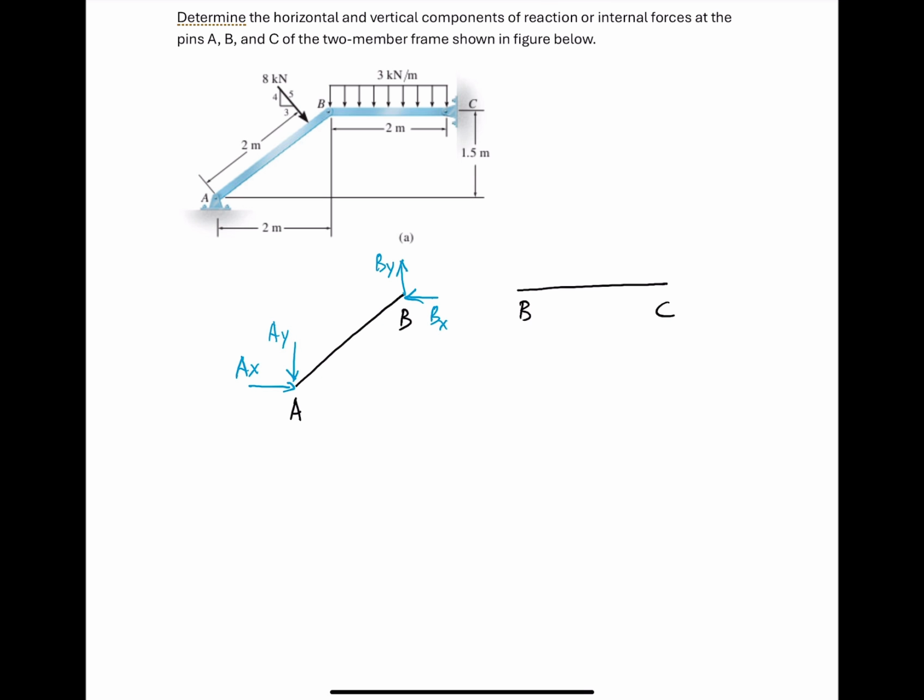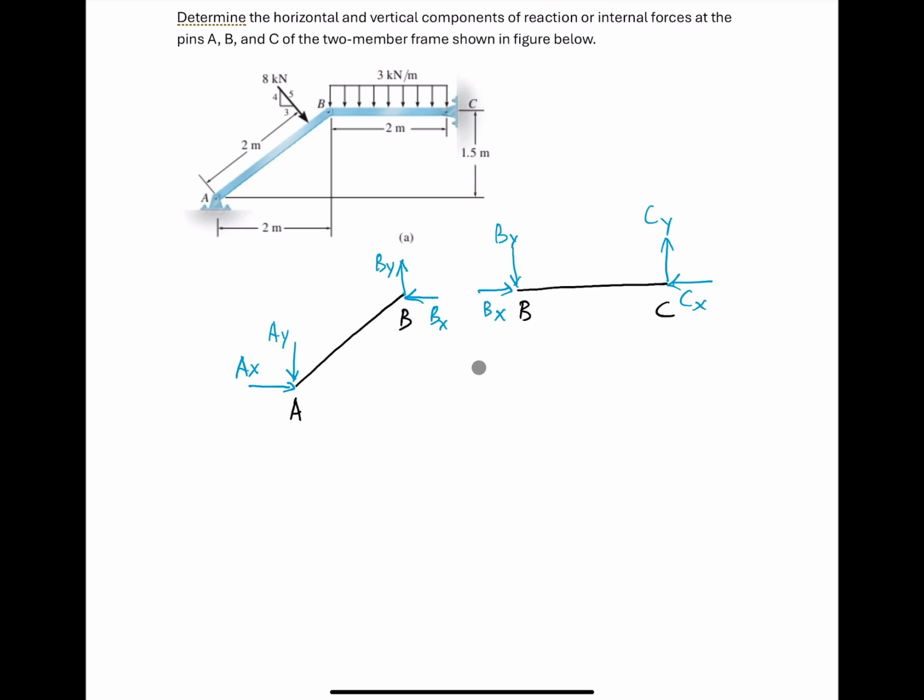On member BC also BX, BY. At C, we have CX, CY. Look at these forces, BX, BY at point B on member AB, and BX, BY at point B on member BC. These two forces have the same value, but their directions are different.